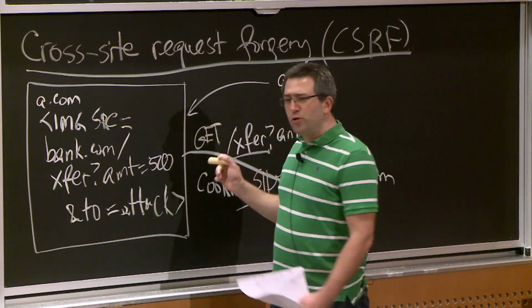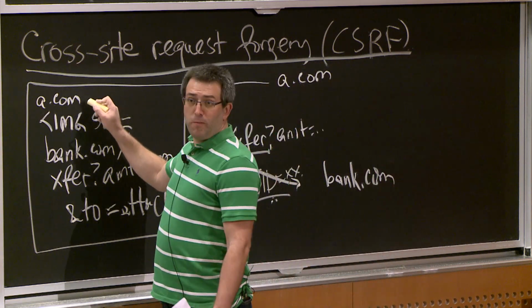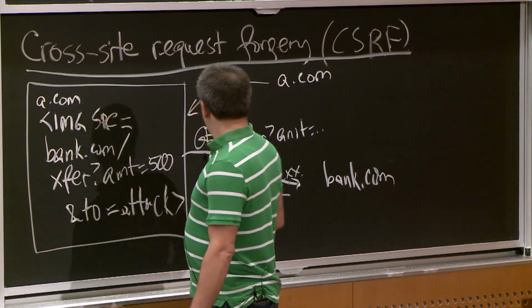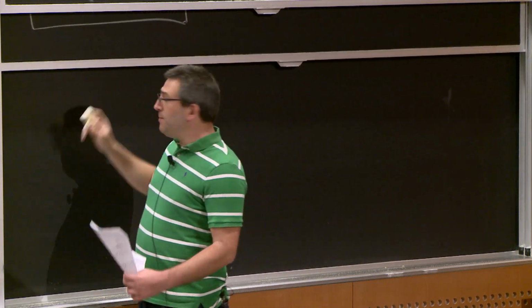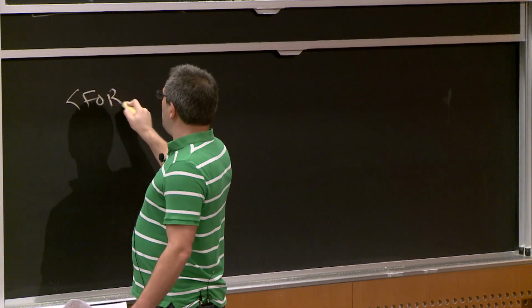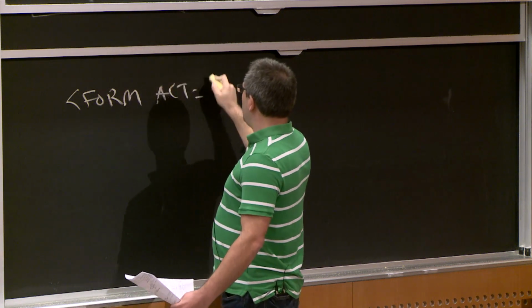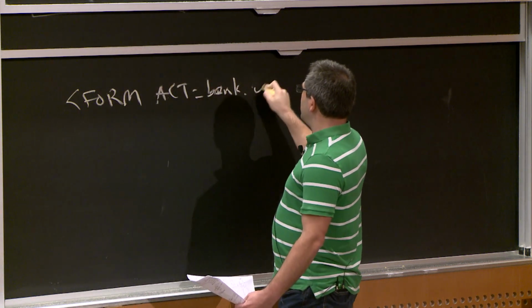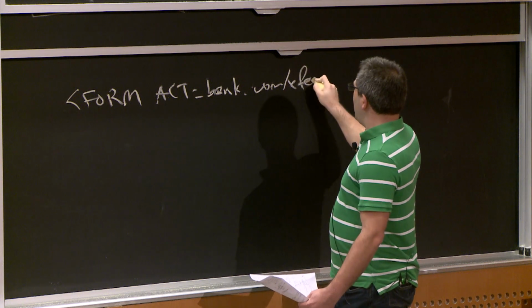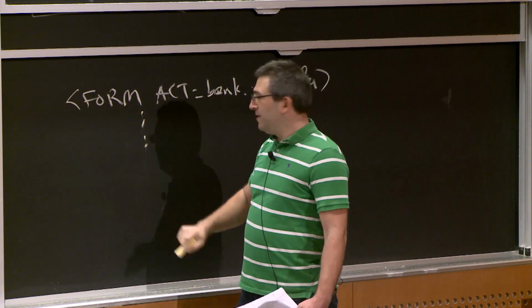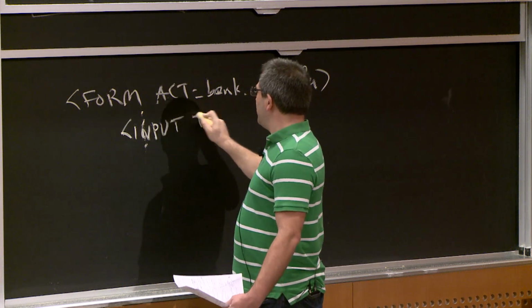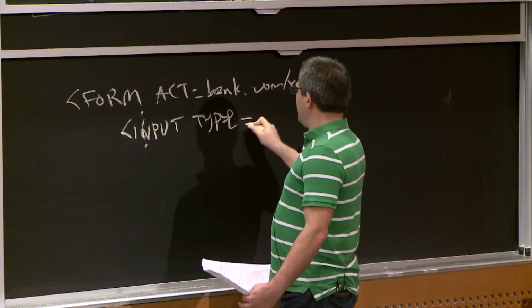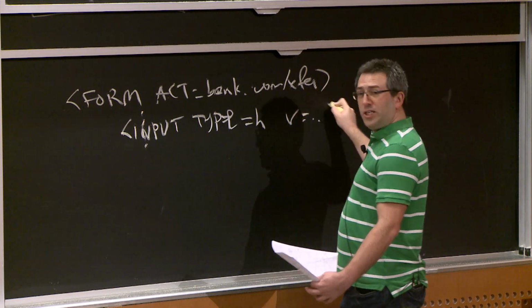So if you wanted to issue a POST request, what you would do is you'd create a form. Inside of that a.com box, instead of the image tag, you just say, form action equals bank.com/xfer. And you can have all the input fields here, input type hidden, value such and such.